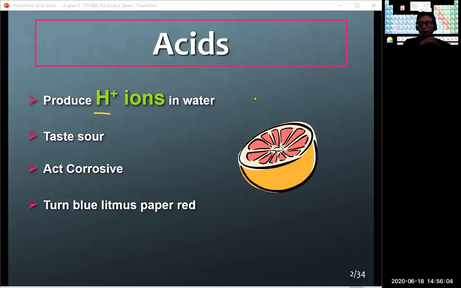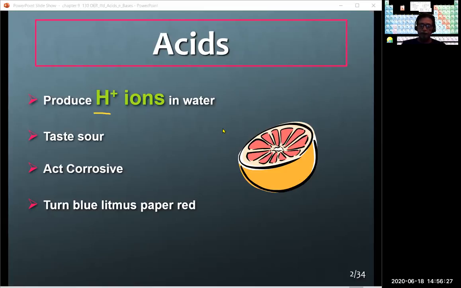Now, if we wanted to test for an acid, there is such a thing called blue litmus paper, and it's either a yes or no answer with this paper. You have blue litmus paper, and if you put it in a solution that's acid, it turns red. That's all it tells you. It's just red. That means that it's an acid. Very quick test to see acidity.